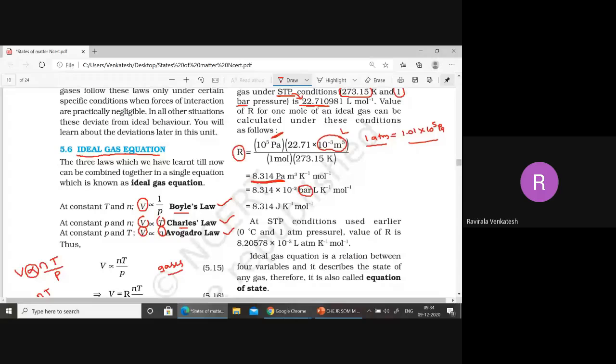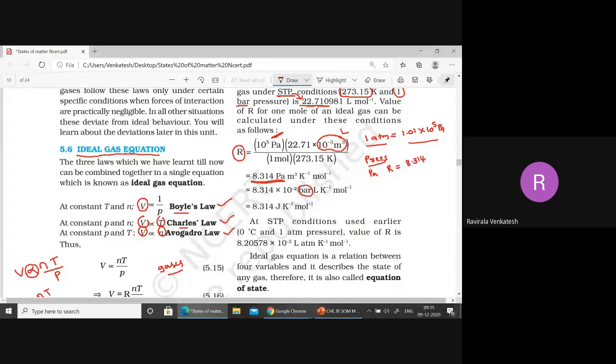All of you please observe the problems. In the problem, if they give pressure in Pascal, what will be the R value? 8.314.